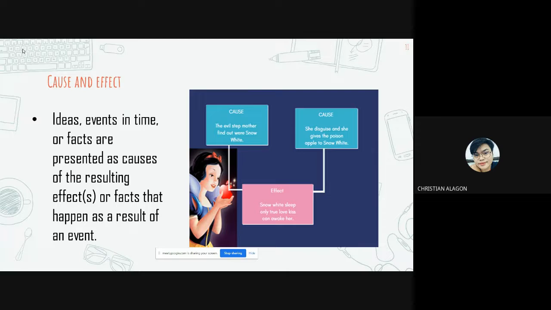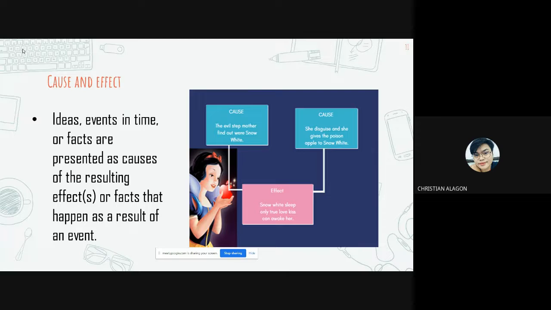So the cause, or the event that we have right now, is the famous story of Snow White. The cause is her evil stepmother knew where Snow White was, and the evil stepmother disguised herself and gave the poisoned apple to Snow White. The effect is Snow White fell asleep, and only true love's kiss can awaken her.